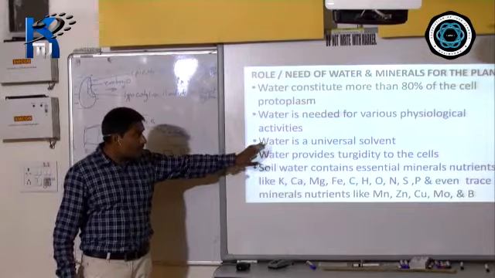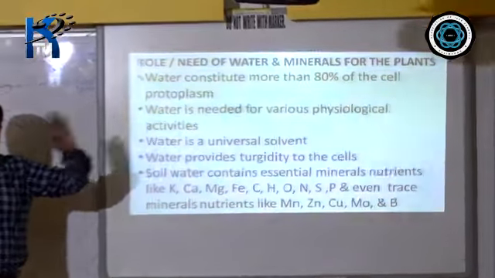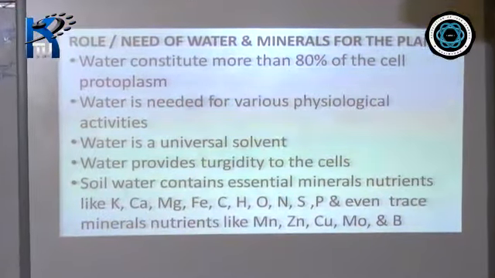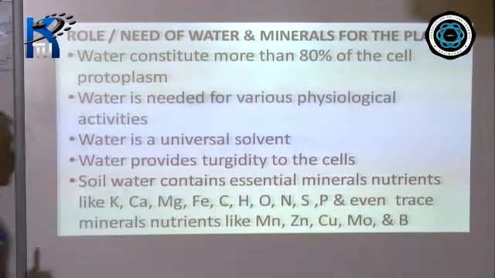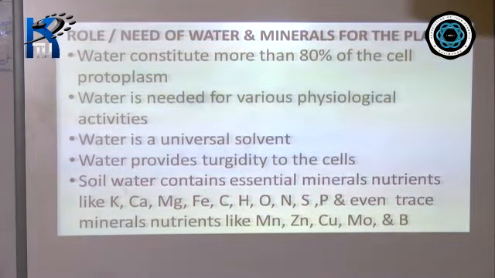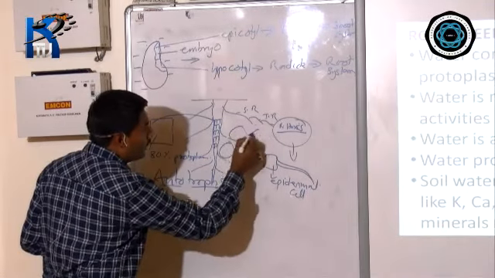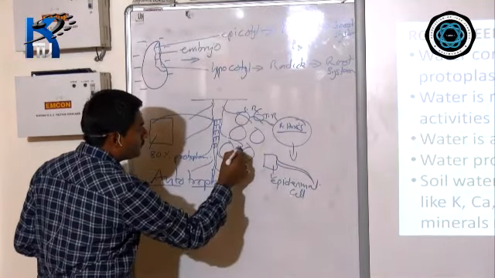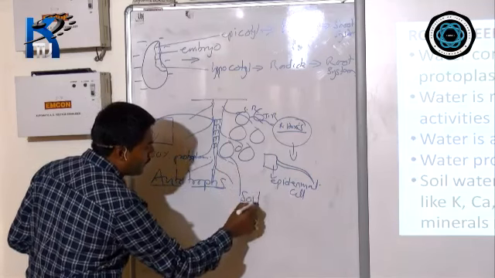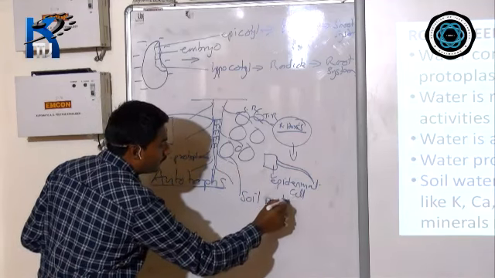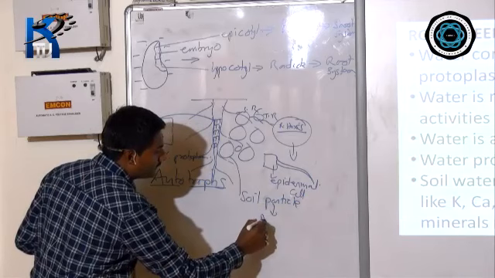Next, water is a universal solvent. When I say universal solvent, it means water has the property to dissolve any substance. Here in the soil particles, each soil particle contains minerals.